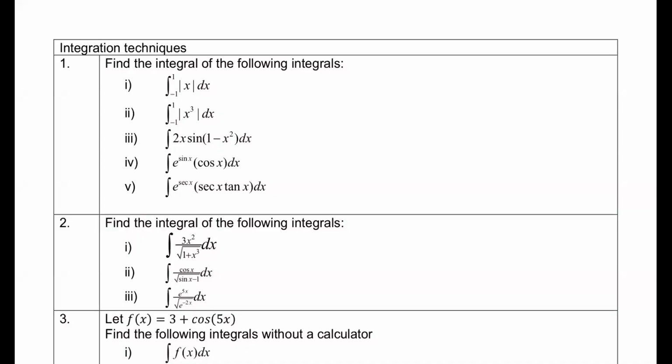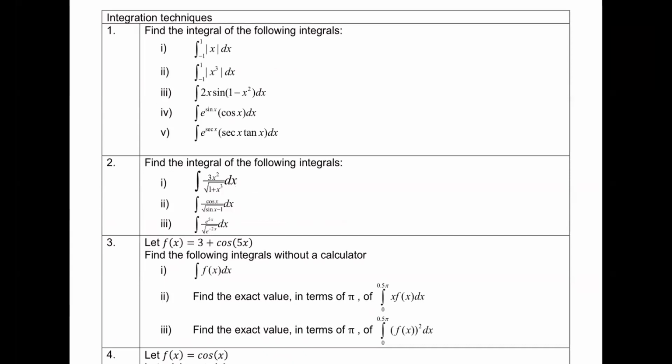Right. So I asked you to try the questions in this worksheet. It is a bit difficult to cover all this in the last few minutes, it's already 12:50. But let me just show you some of them. Let's try question 1 part 4 first.